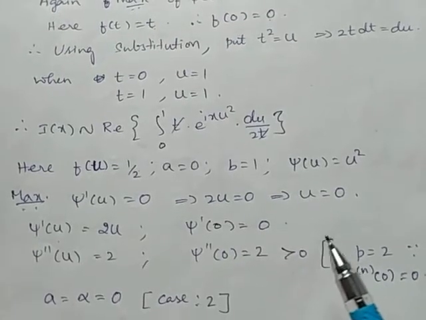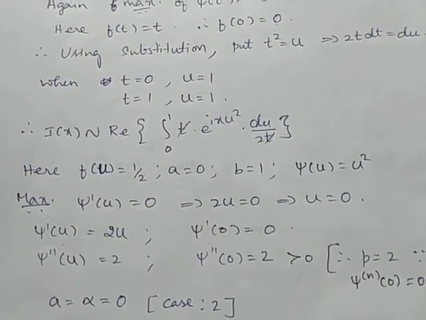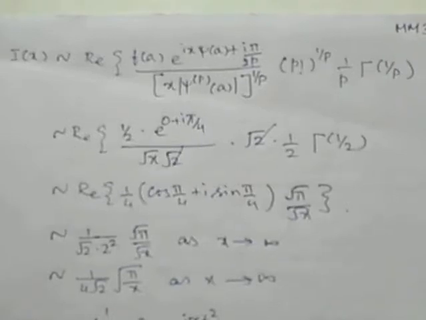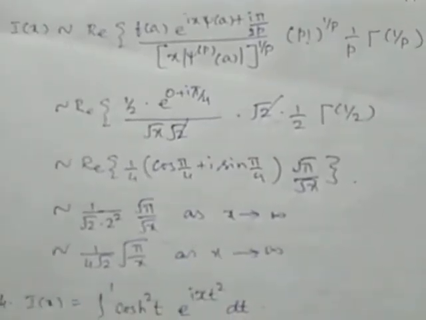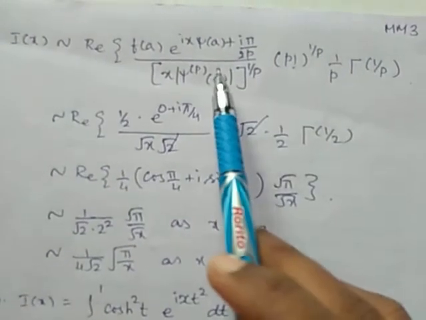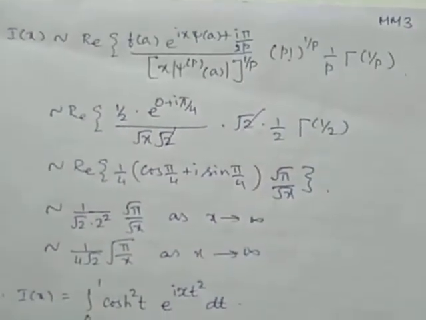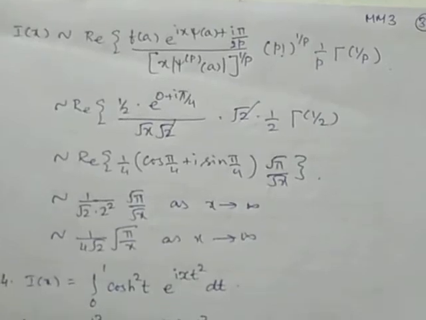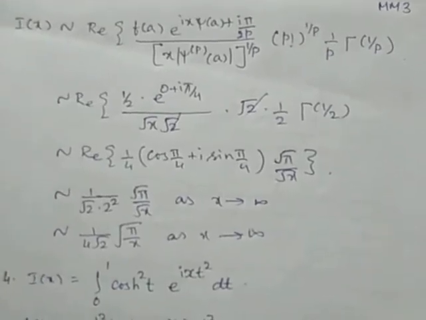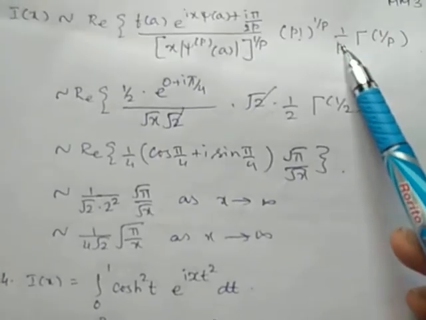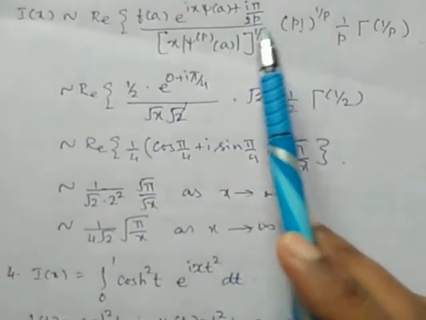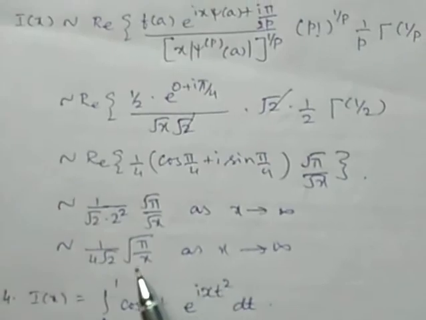Now we have to apply our formula and we will get the result directly. So this is our general formula. This is case 2 because the lower limit is 0, alpha is 0, therefore it is the second case. So here we are having 1 by p, substitute the value of a and p, and we will get the final result.